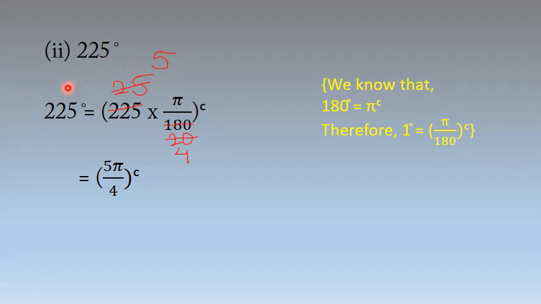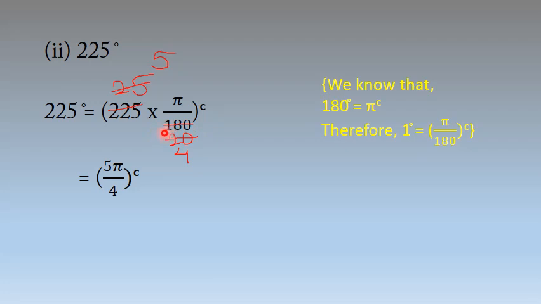225 degrees. So 225 degrees is also multiplied by 1 degree, and as we know, 1 degree's value is pi upon 180 radians. So this is equal to 225 into 1 degree, which is equal to 225 into pi upon 180.